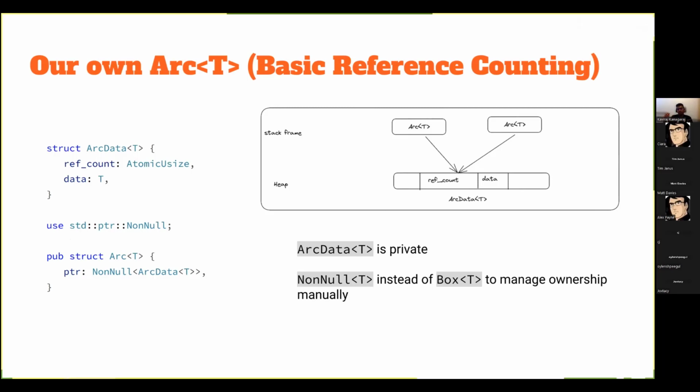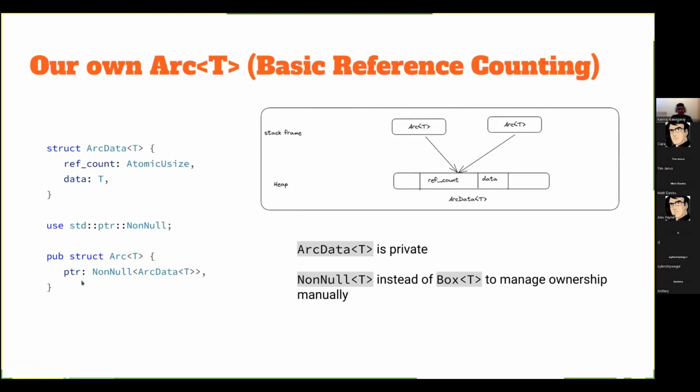Whenever we create an Arc, this is what we give out to the user: a pointer to this ArcData, and every time we clone it, we just give out this pointer. The ArcData itself is private, so we don't expose it to the outside world, whereas the Arc structure itself is public, and has a pointer to this ArcData.